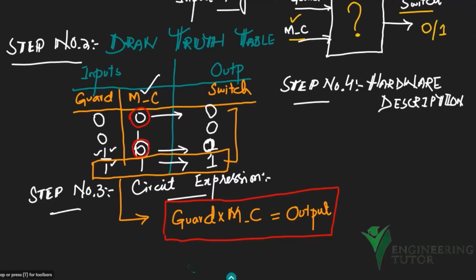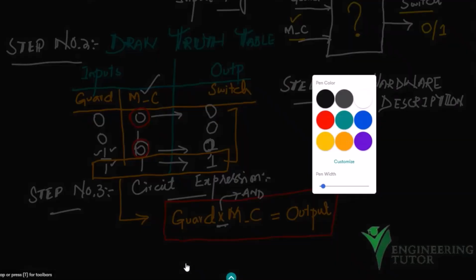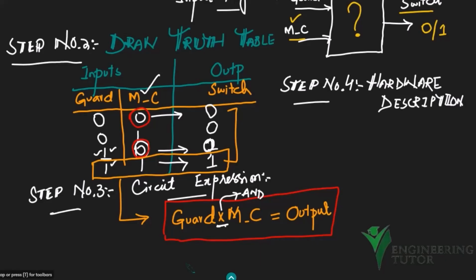Okay, so we can see here, how many gates do we have? Just one gate, and that is the AND gate. Let me draw it here using this yellow color.